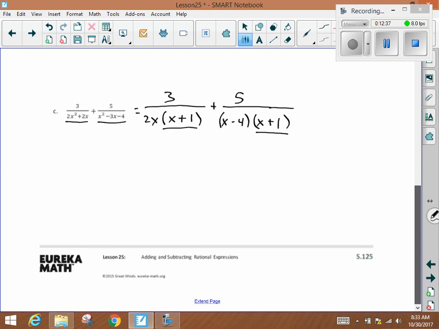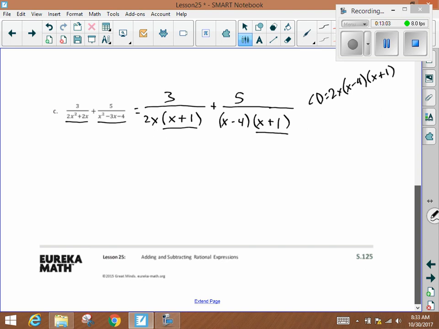And it means that some stuff is probably going to cancel in the end. So then my common denominator for this is going to be 2x times x minus 4 times x plus 1. Which is going to turn out to be much nicer than if we were to try to multiply those two denominators instead.